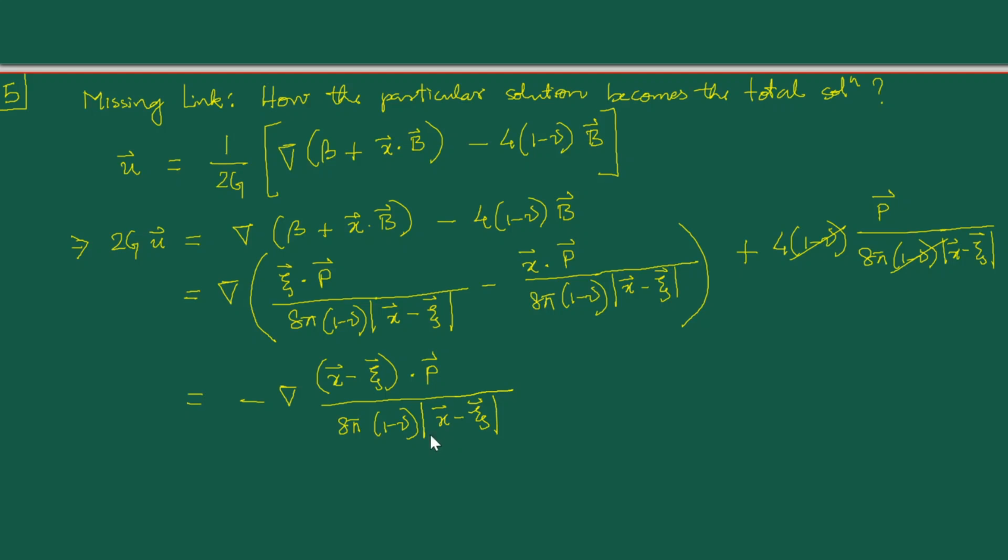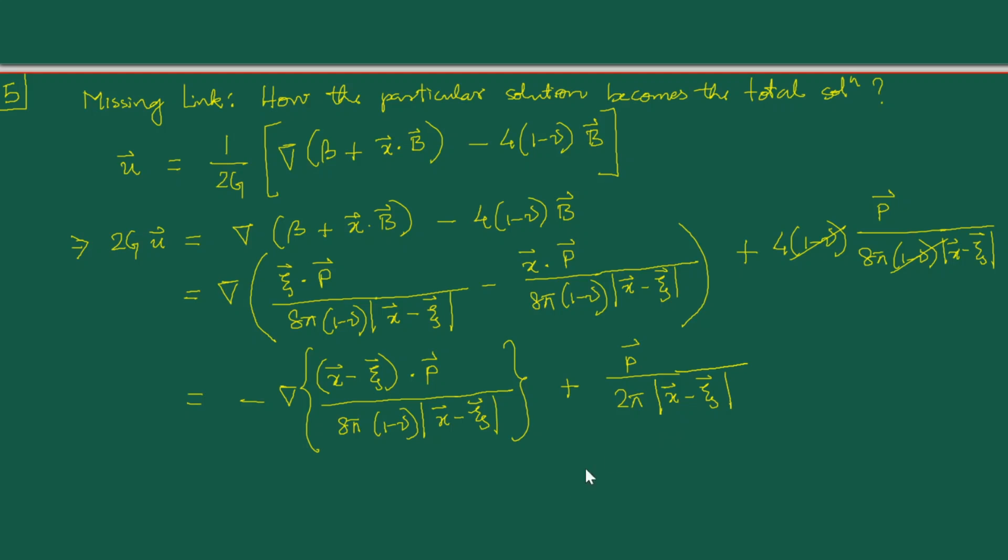So you can already see that things are shaping up quite compactly here. Okay, let us not forget that this gradient is operating on the whole thing, and for the second term we have p vector divided by twice pi times x vector minus the xi vector.